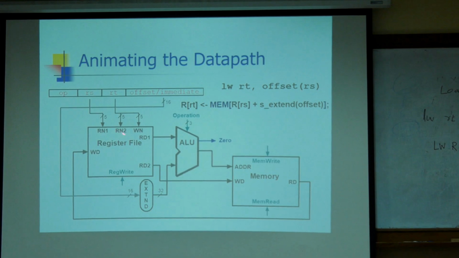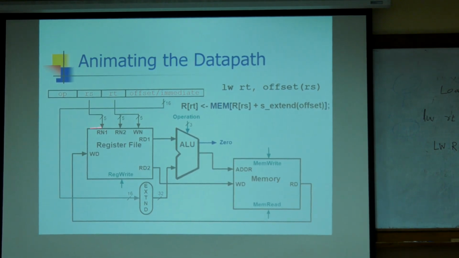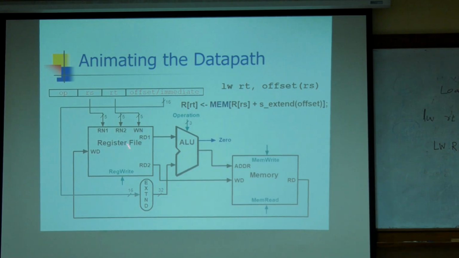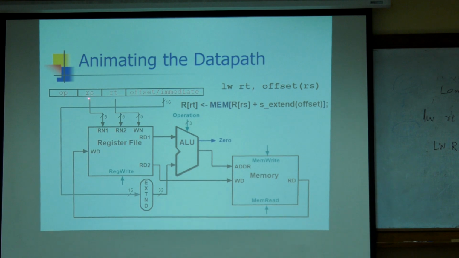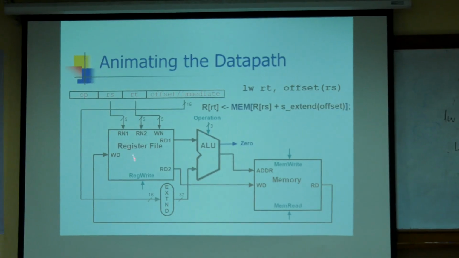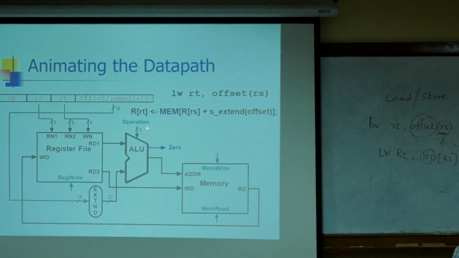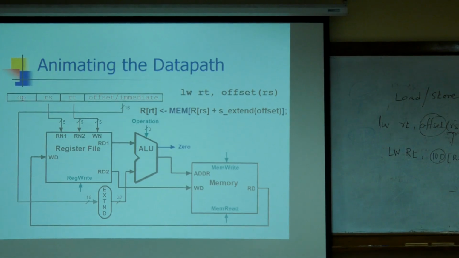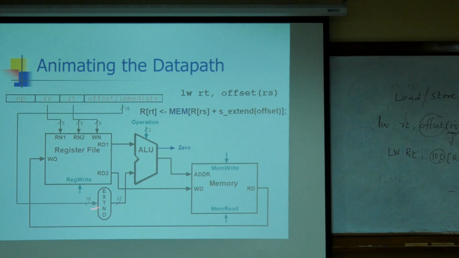So right now if you see, this RS is connected here, one register will be selected because of this RS plus offset. Where is the offset? This is the 16-bit offset. It is going to a small logic. What will this logic do?